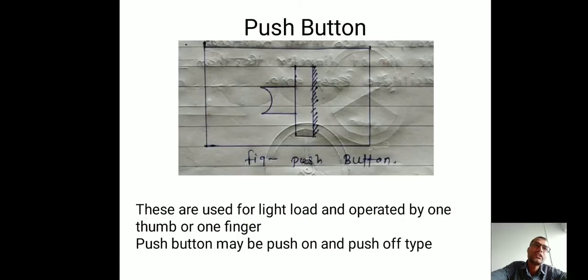Next is a push button. The push button is already familiar to us, which is the next control member. So how does this push button operate? Generally these push buttons are push on and push off types.